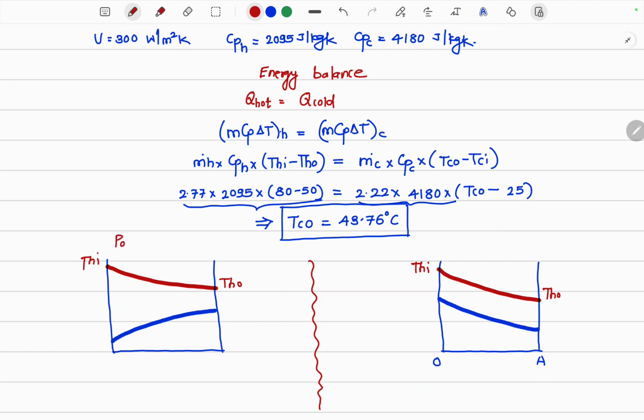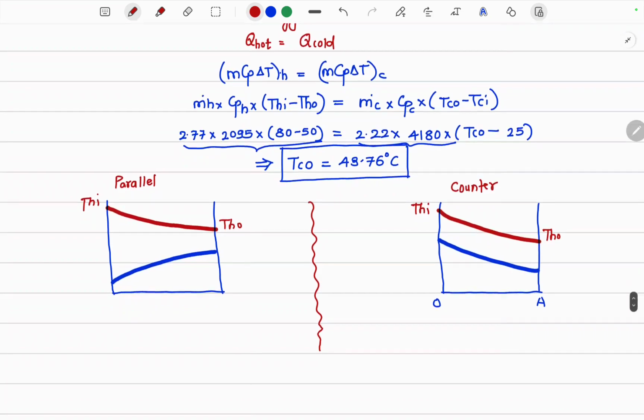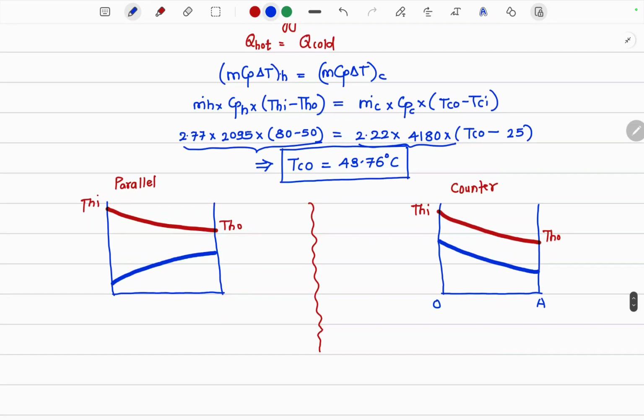Okay, my mistake, I forgot to write down the specification of the heat exchanger. This is parallel flow and this is counter flow. Fine. So we have THI, THO, then we will have TCI, TCO for parallel, and for counter this will be the TCI and this will be the TCO.